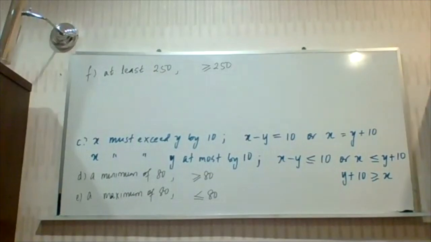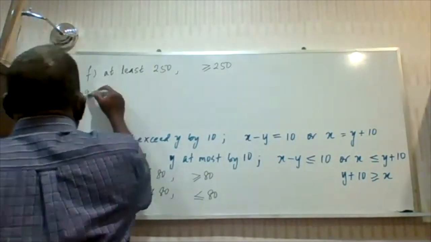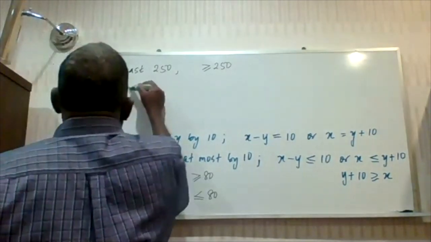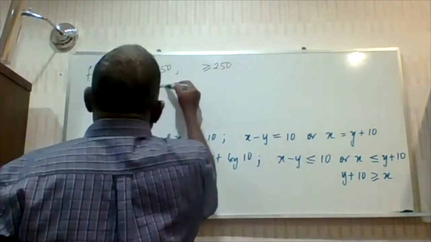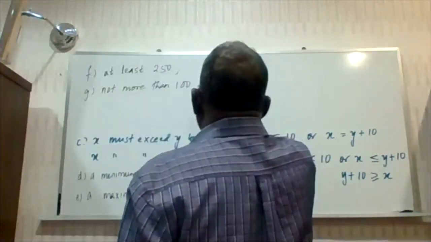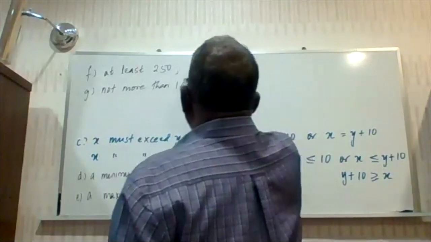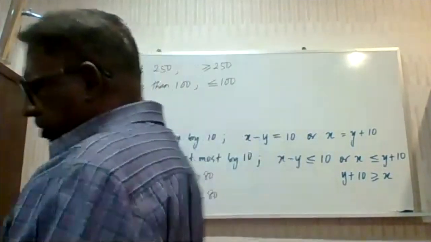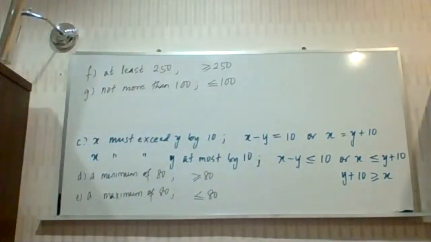The opposite will be not more than, let's say 100. Not more than 100 means the maximum is 100, so it has to be 100 and less. That's the conversion to inequality.